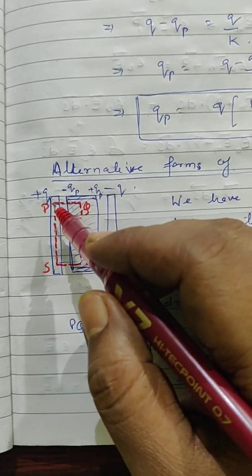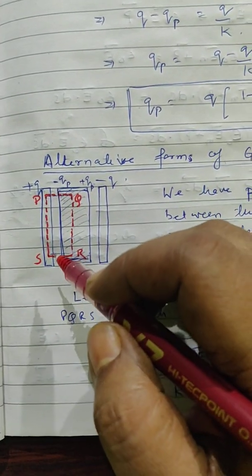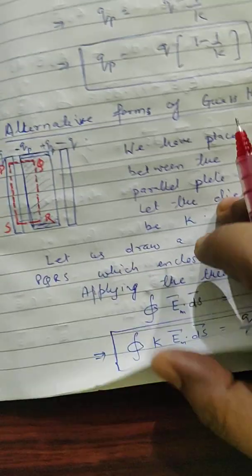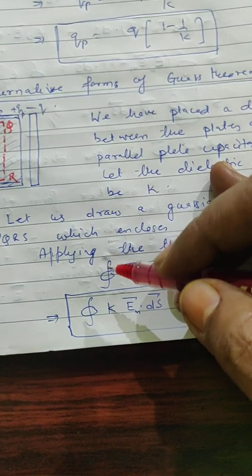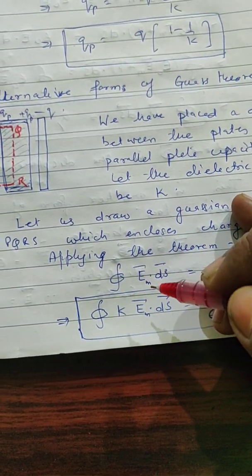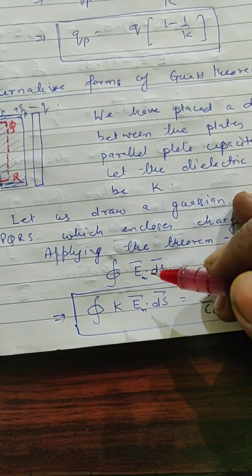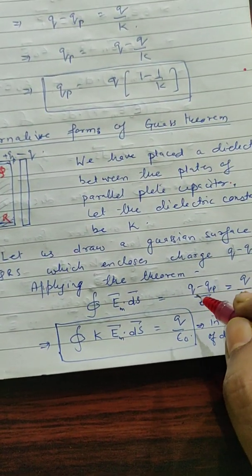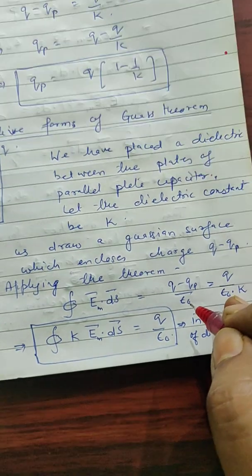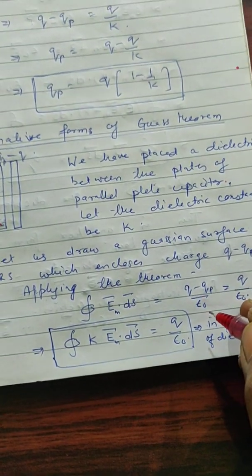So I have drawn a Gaussian surface PQRS, and we apply the Gauss theorem. Since we are going to find the electric field in the medium, I have written the surface integral of the electric field in the medium, taken the dot product with the area vector, that is EM dot ds, should be equal to charge enclosed upon epsilon naught, that is Q minus QP by epsilon naught.